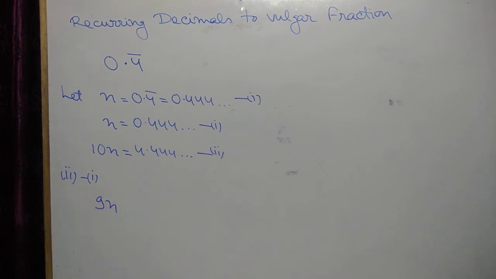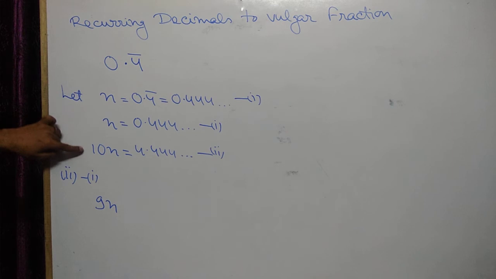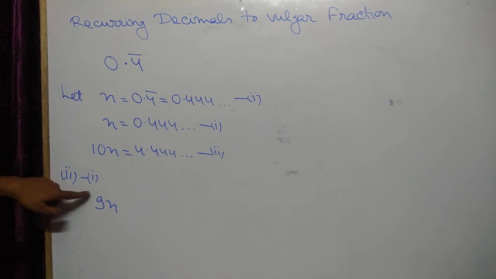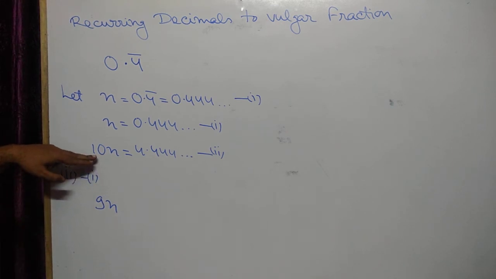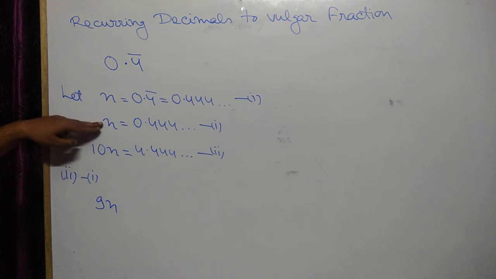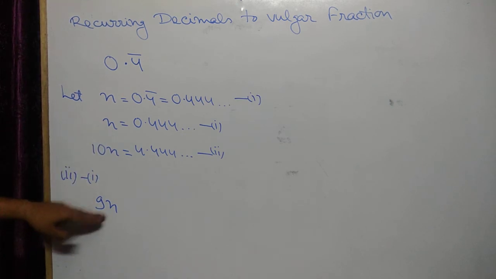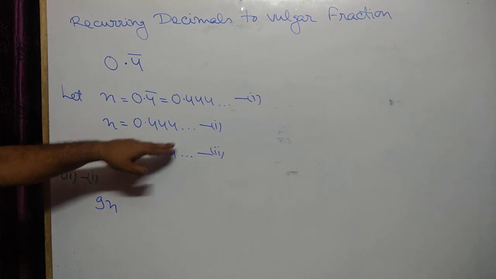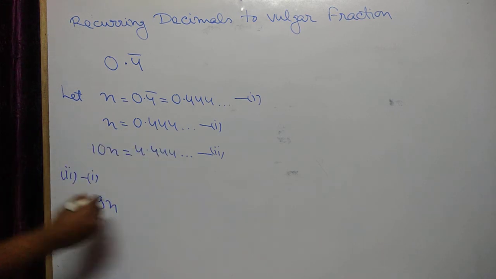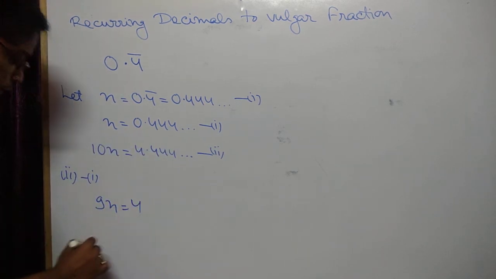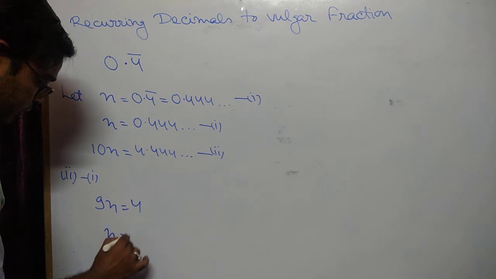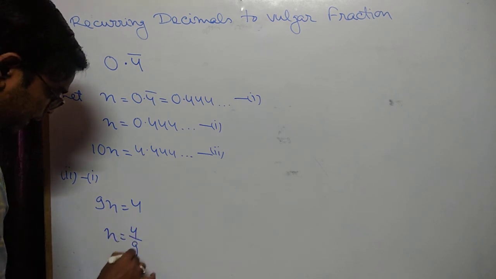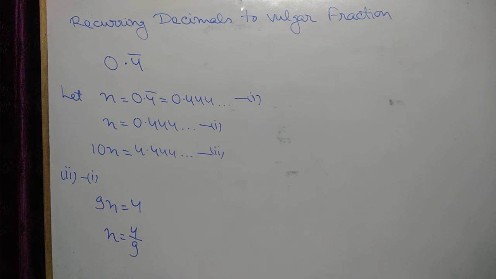See very carefully, we are going to subtract this from this. 4.444 minus 0.444, it's 4 only. Therefore n equals 4 upon 9, and this is your answer.